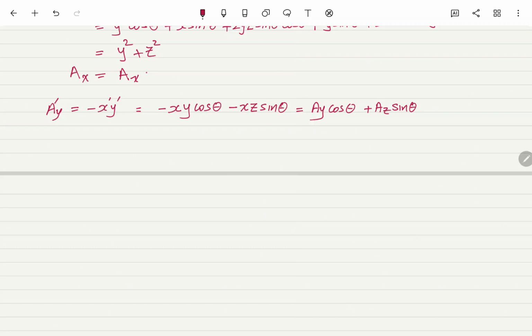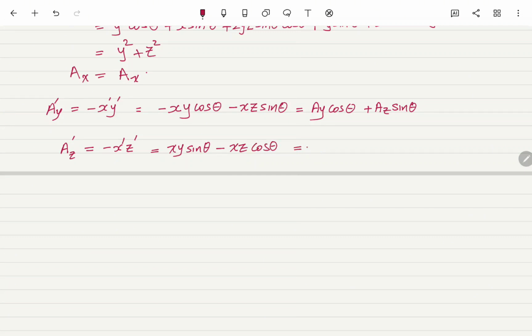Now, the third point, az prime equal to minus x prime z prime, which equals xy sine theta minus xz cosine theta.